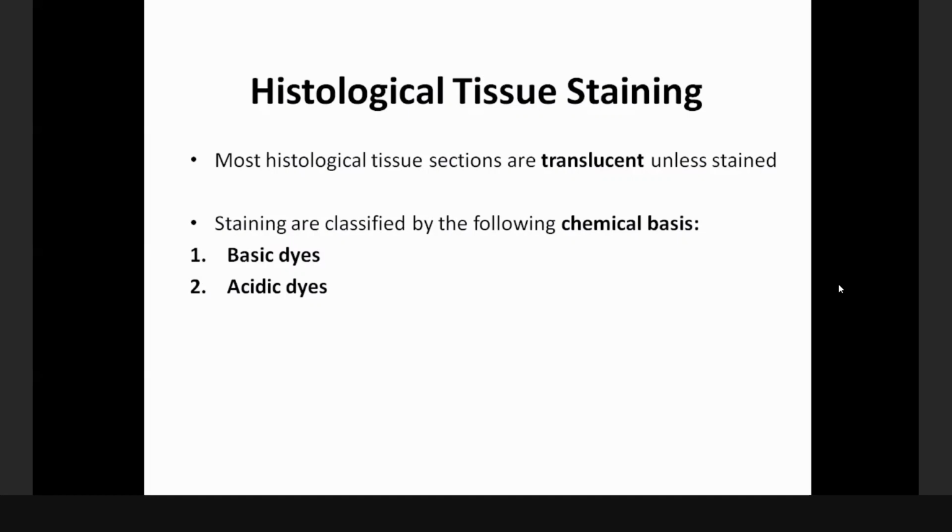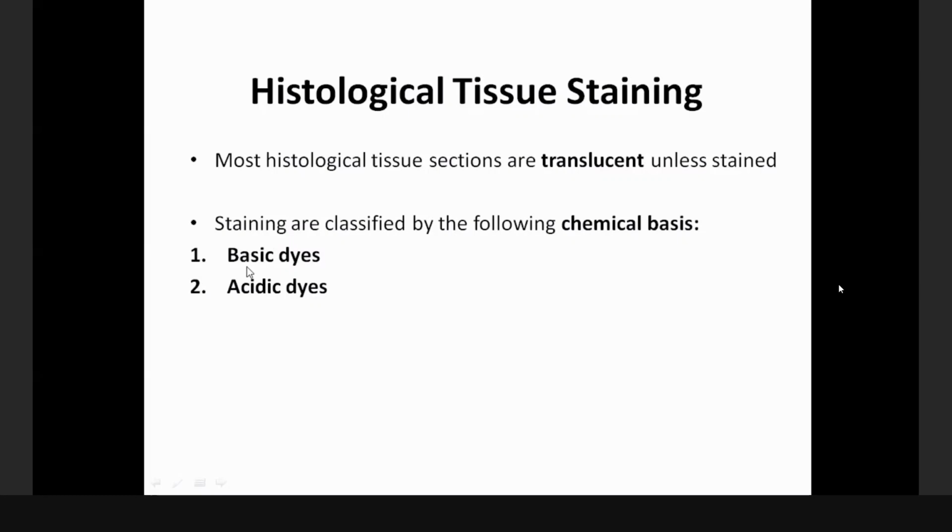And many of the stainings we use for histology depend on known acid-base types of chemical reactions. Because some of our tissue components have a relatively larger amount of acidic charges, whereas some others have basic charges. So for this purpose, we can have an acidic type of colorful substance or a basic type of colorful substance.